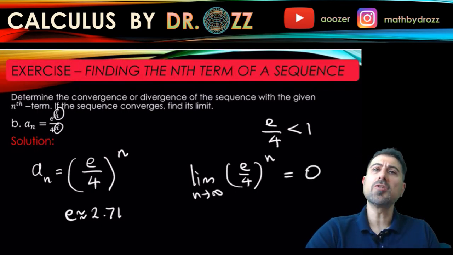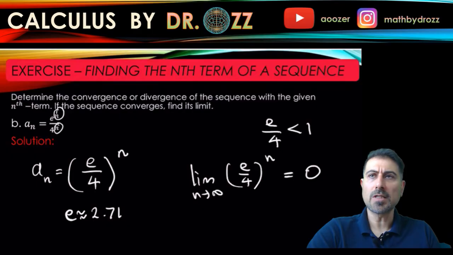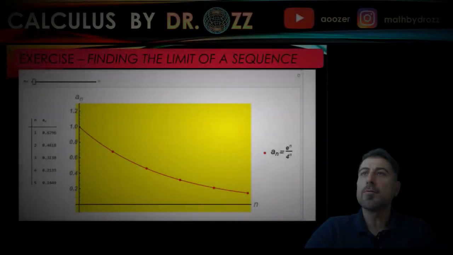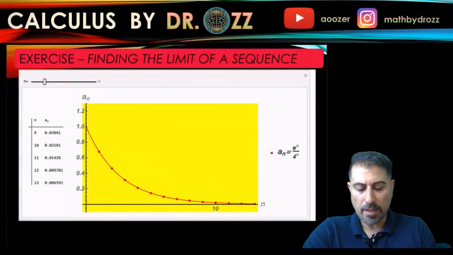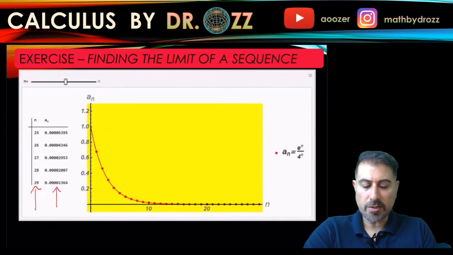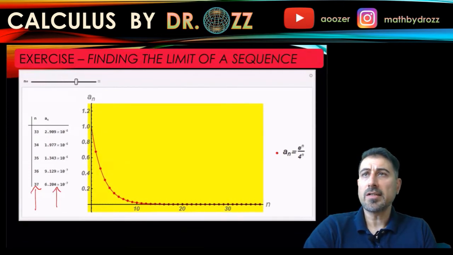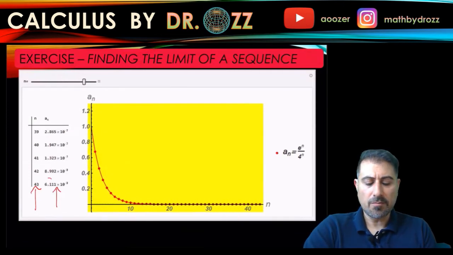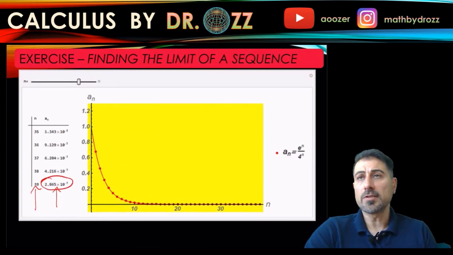We can use some other analytic tools to prove the same result. Let's see what's going on here. We listed all n values here, and these are the corresponding a_n values. I tried to keep as many decimal places as I can. But as you see, when n gets bigger and bigger, the values are approaching 10 to the negative 9.